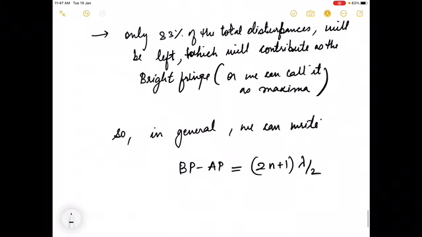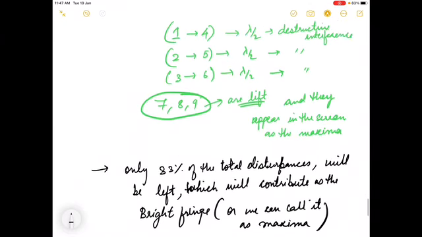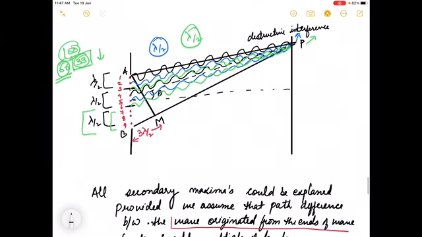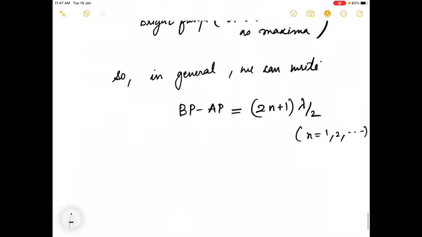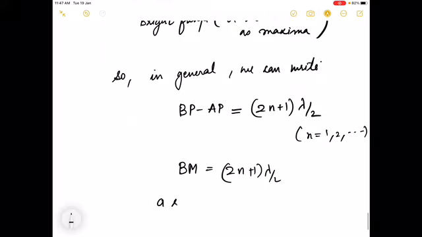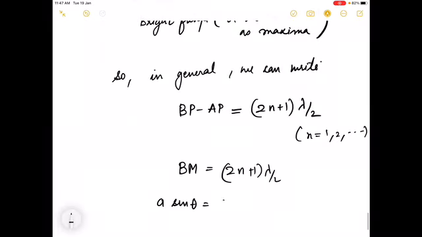Here your n starts from 1, 2 and so on. And BP minus AP will be approximately equal to BM, and BM is equal to (2n plus 1) lambda by 2, or you can simply say a sine theta equals (2n plus 1) lambda by 2, right?